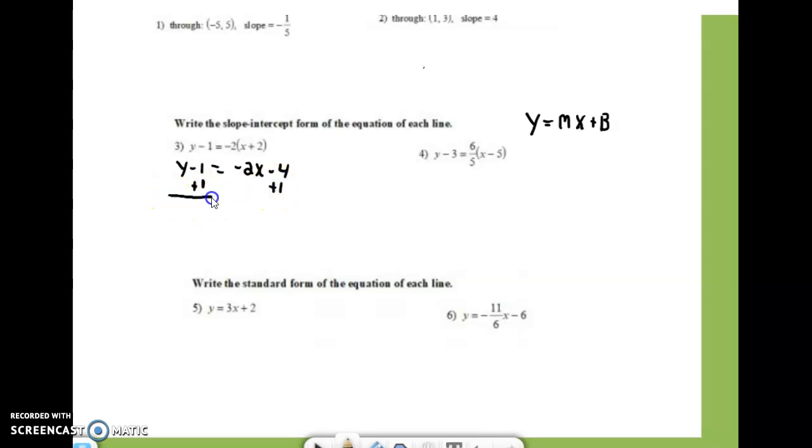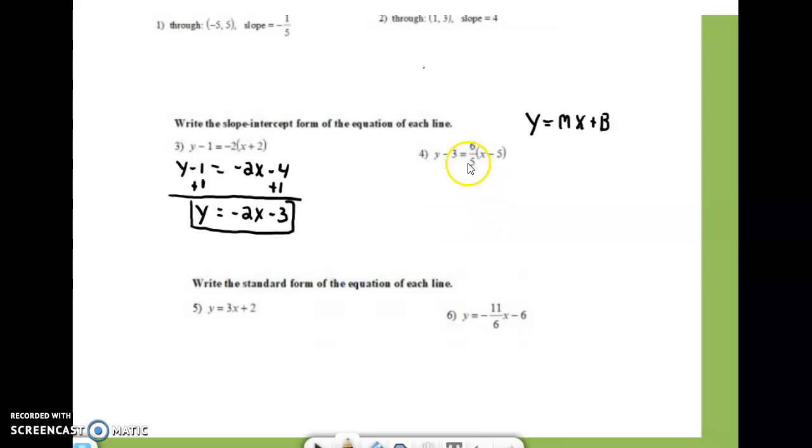I'm going to add it to the -4 to group like terms. And now you'll notice, well, negative 4 and 1 is what? Negative 3. And you're done. Again, a lot of people do this because they'd rather graph in this form.